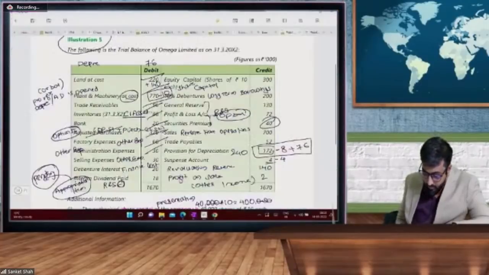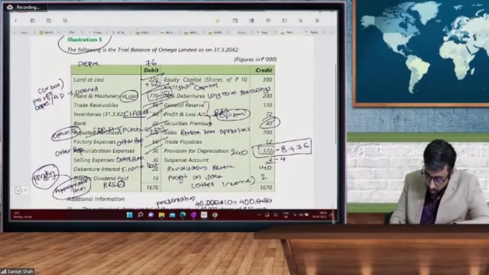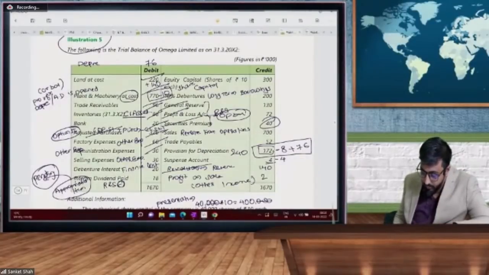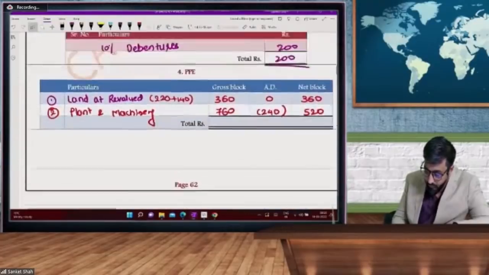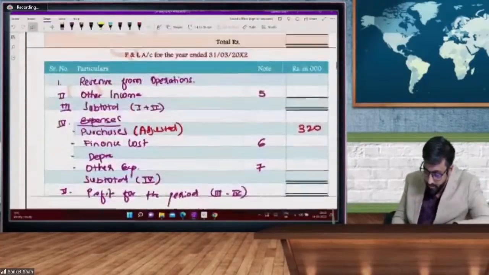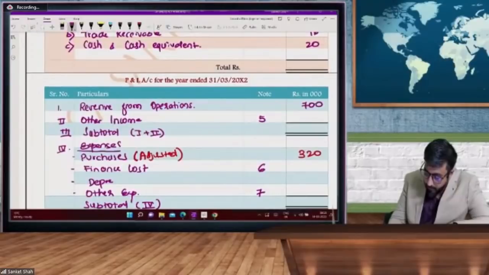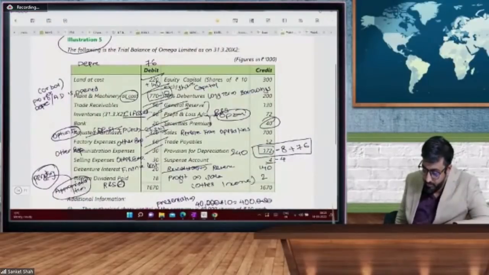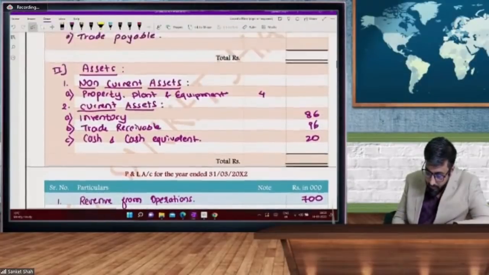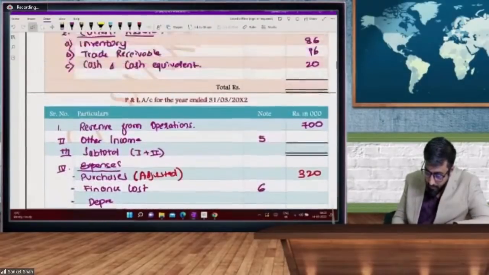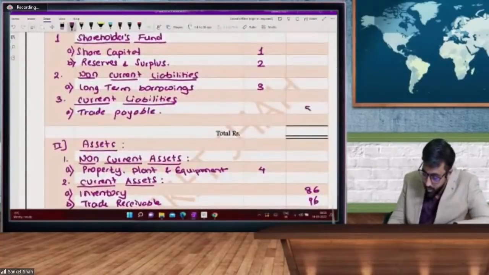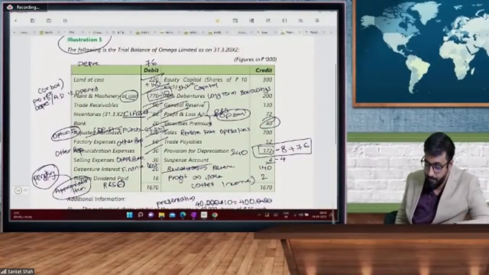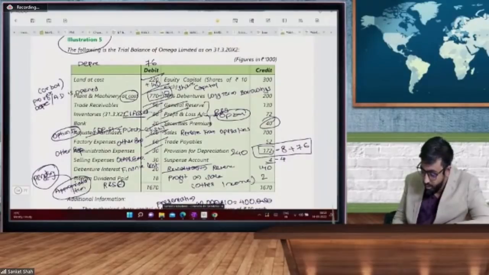Next, general reserve over, P&L over, securities premium over, revaluation reserve over. Sales, revenue from operations, 700. Trade payable, 52. Provision for depreciation already over, suspense already over, it became 0.